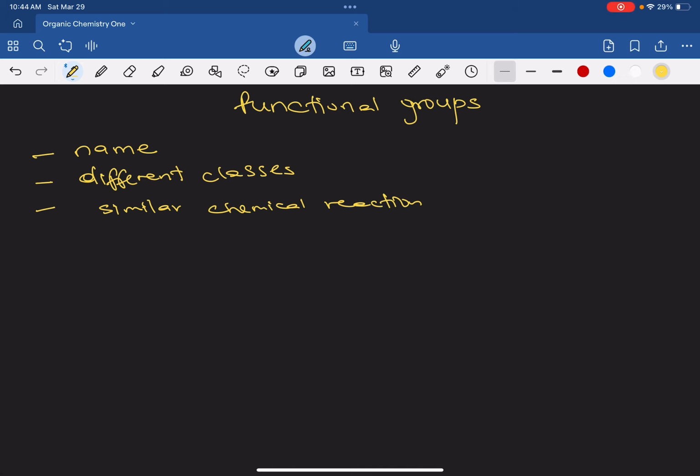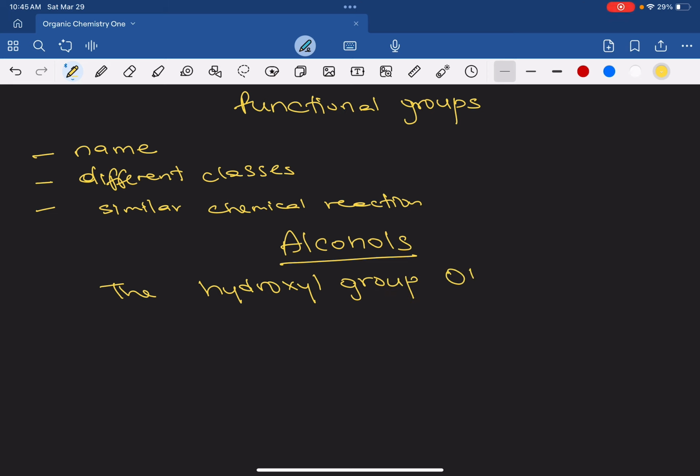Let's look at the alcohol functional group first. So, alcohols. This functional group contains the hydroxyl group, which is your OH group, right?